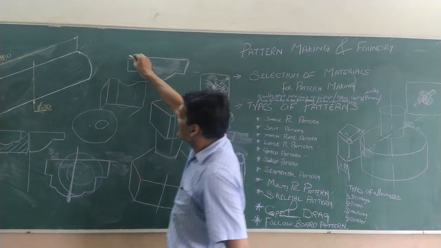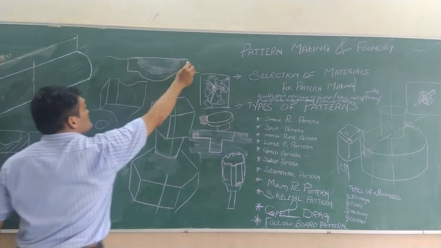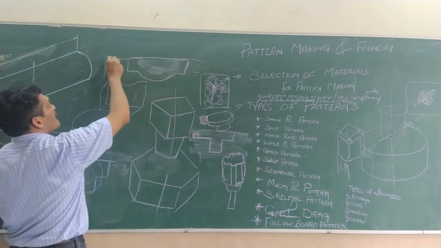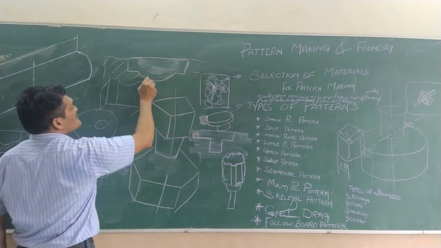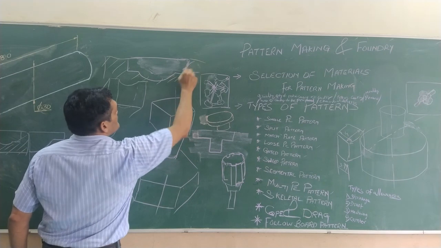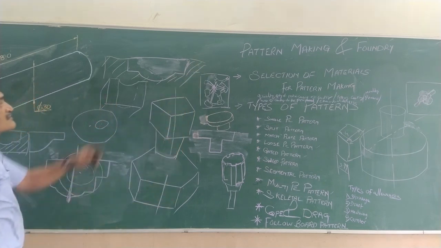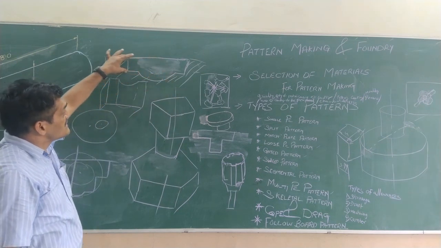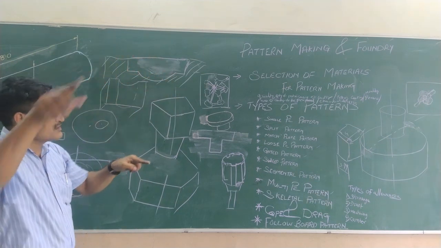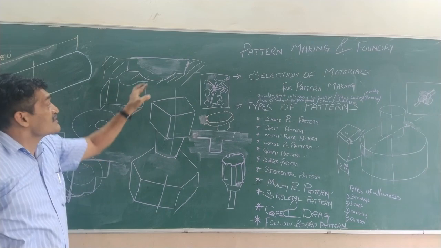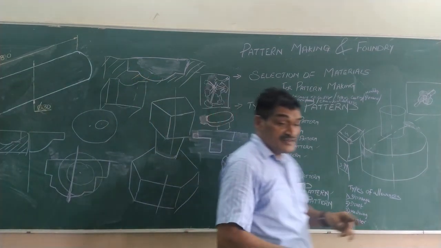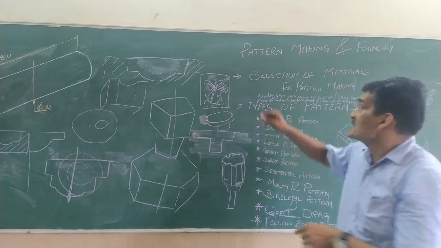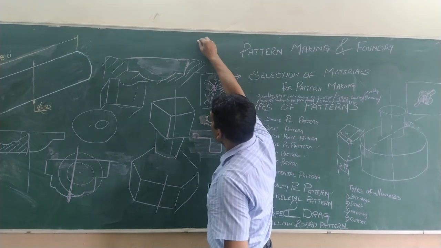Okay? So let's say this is the mold that is to be prepared. So this type of mold in a circular manner, what we can do is, we can cut a cardboard with this shape.